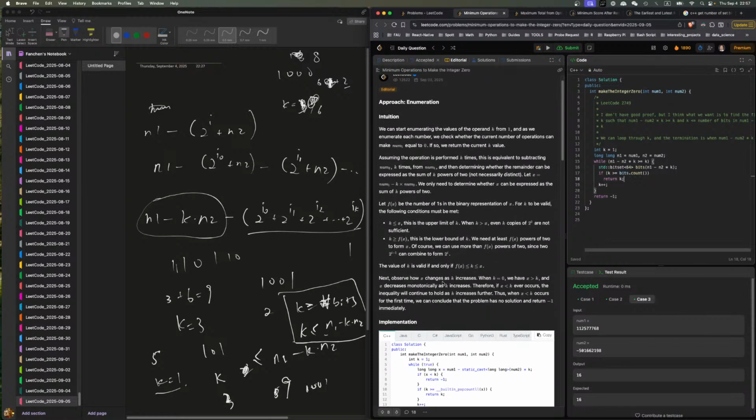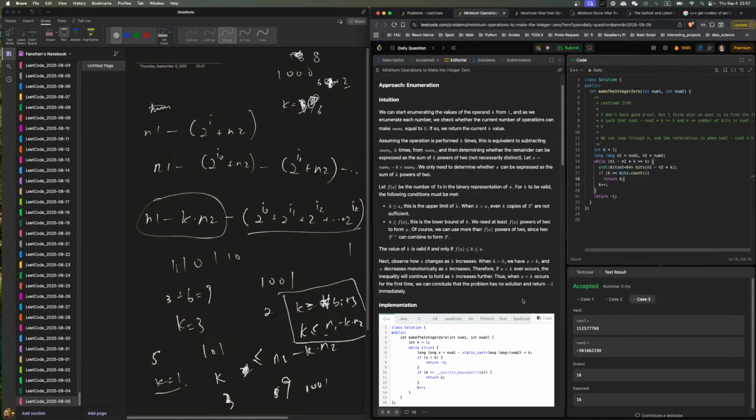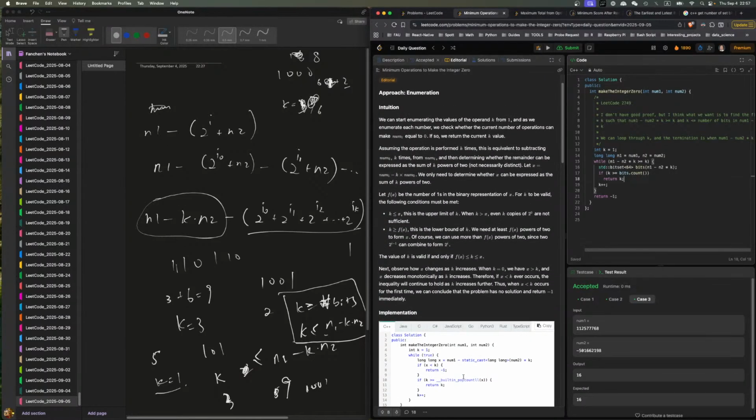How x changes as k increases. When x smaller than k occurs, long x. I don't know. I mean, it doesn't really have a proof.